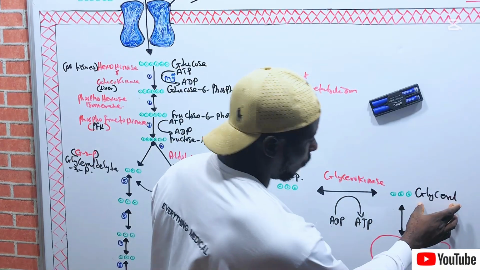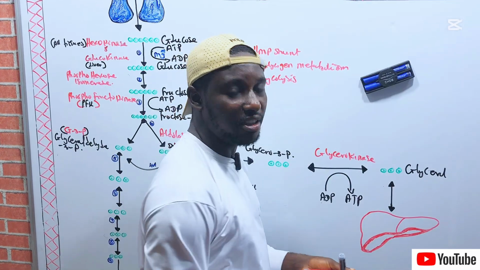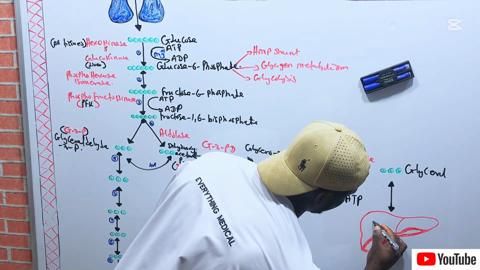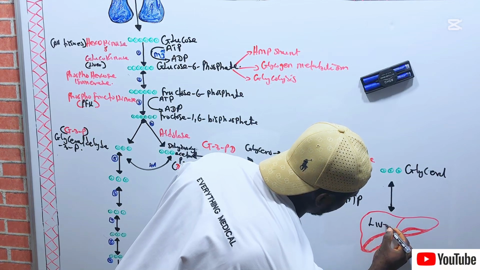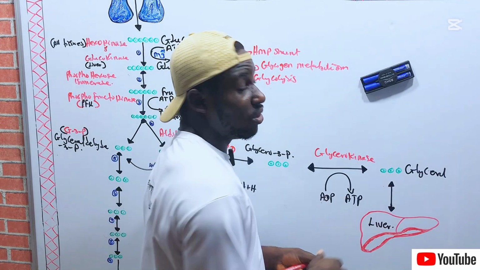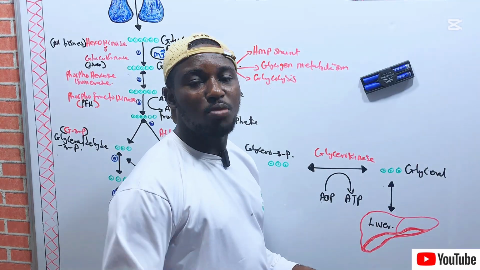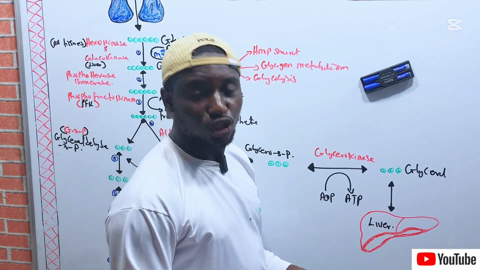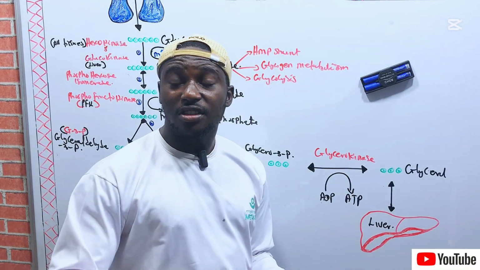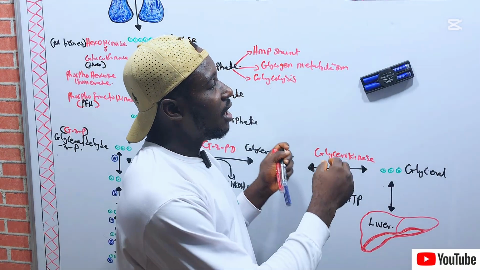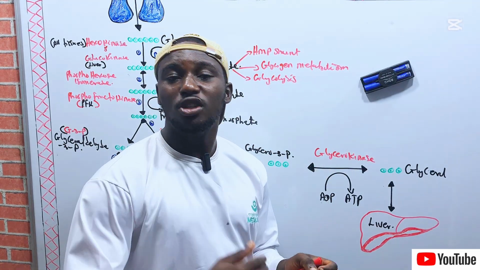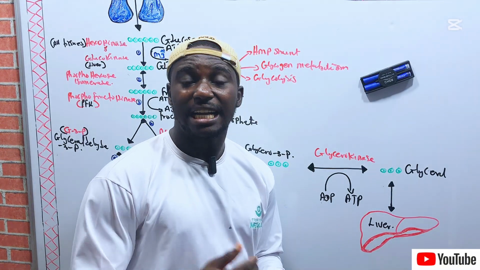Now, glycerol will be stored in the liver. This glycerol, which is a neutral fat, will be mobilized during gluconeogenesis to form glucose. That is why one of the significance of glycolysis is that it provides carbon skeleton, which is used for the synthesis of amino acid and glycerol part of fat.